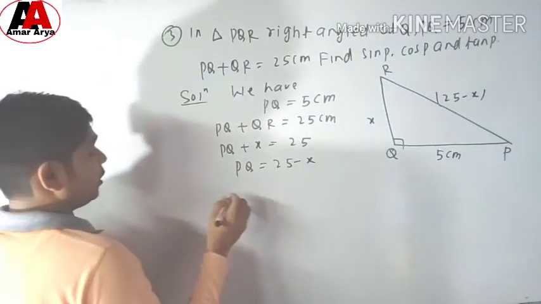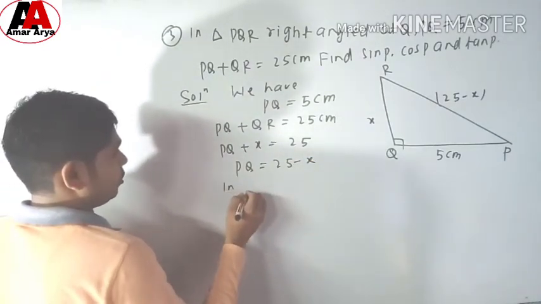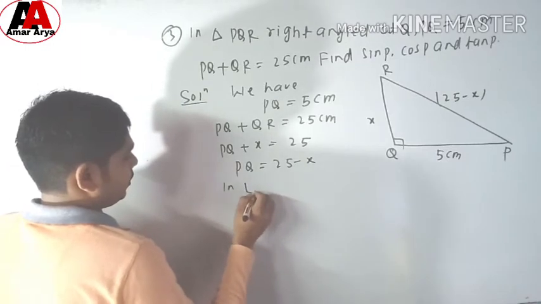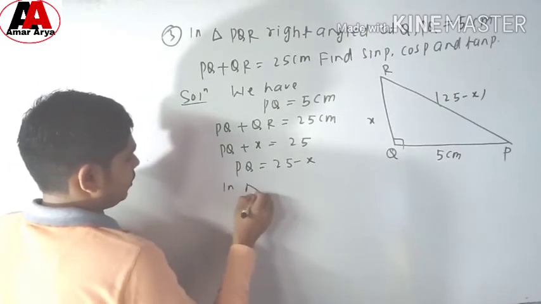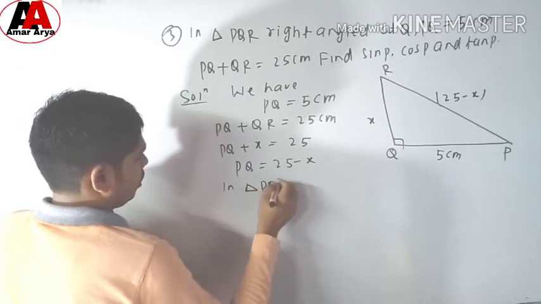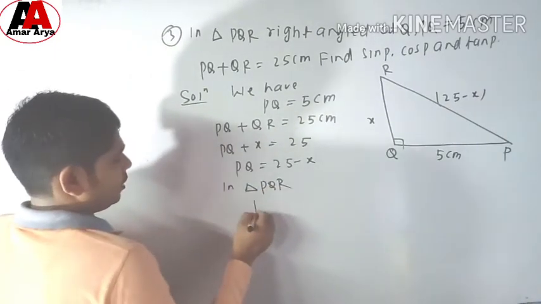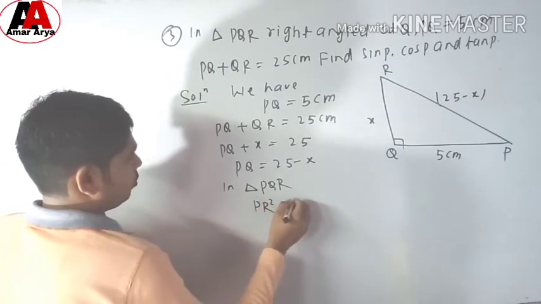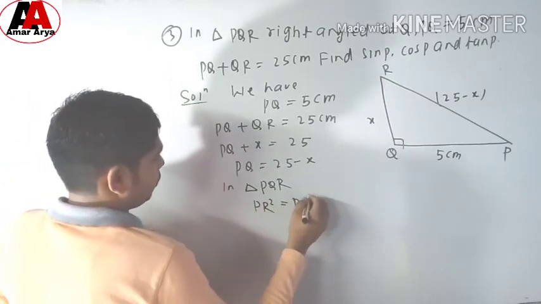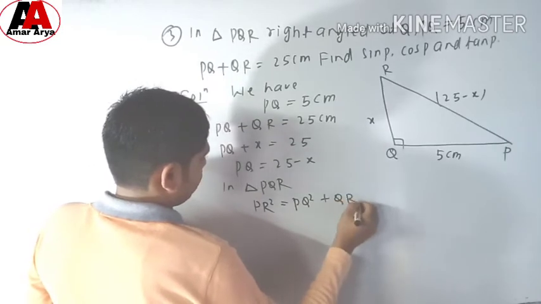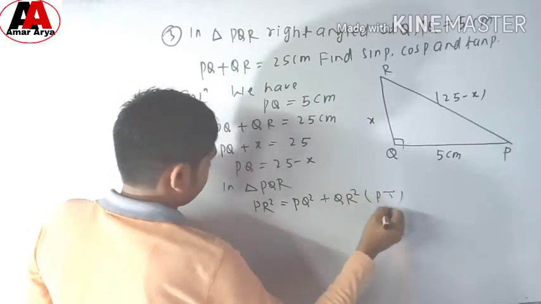Now we apply the Pythagoras theorem in right angle triangle PQR. PR square equals PQ square plus QR square, due to the Pythagoras theorem.